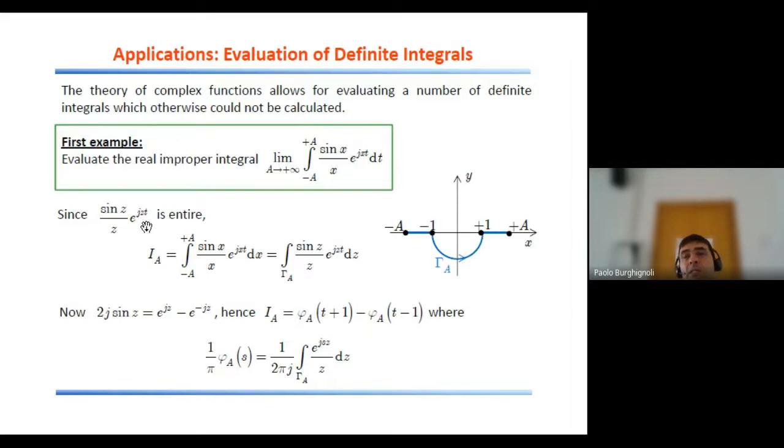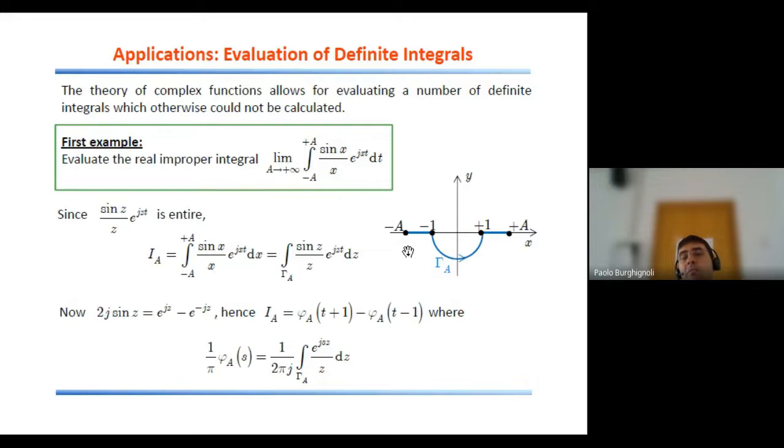Now, since this is an entire function, then instead of integrating along the real axis from minus a to plus a, as in the original integral, we can deform continuously the integration path while remaining within the domain of analyticity, which is in this case the entire complex plane, and deform the original integration path to the new path indicated here in blue in this picture that we will call gamma sub a.